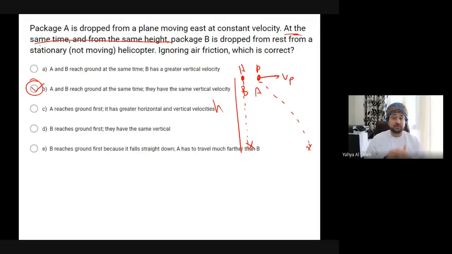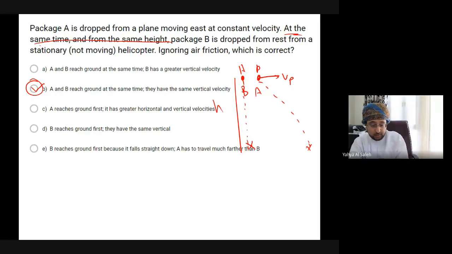It only makes a difference in how far it goes on the x-axis. It affects nothing in the y direction. So they will actually hit the ground at the exact same time with the exact same velocity in the y-axis.